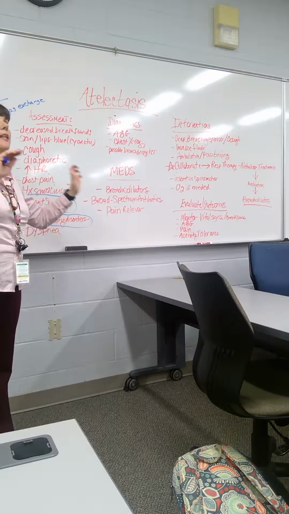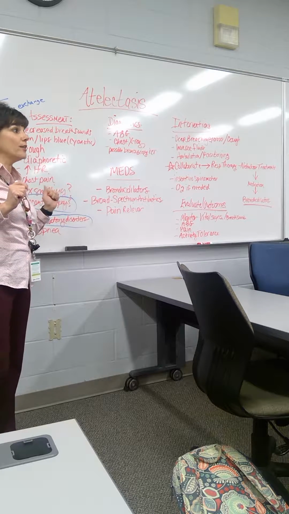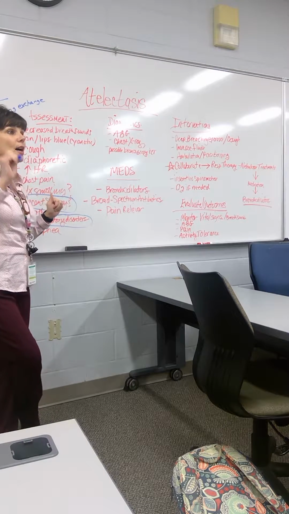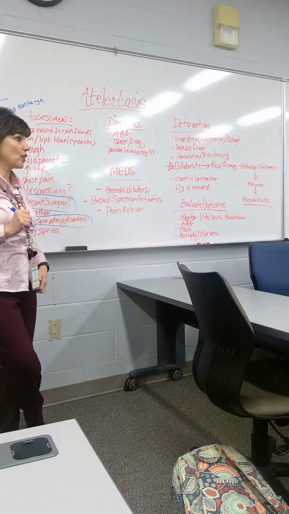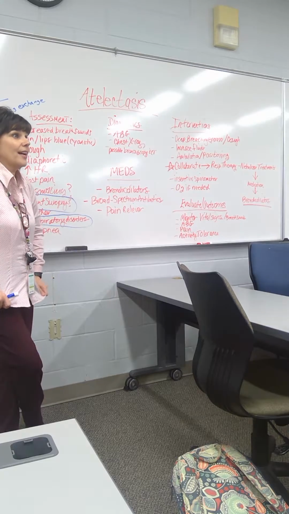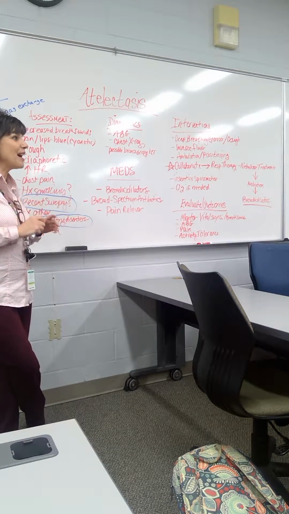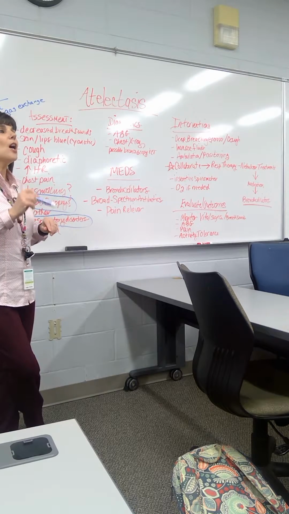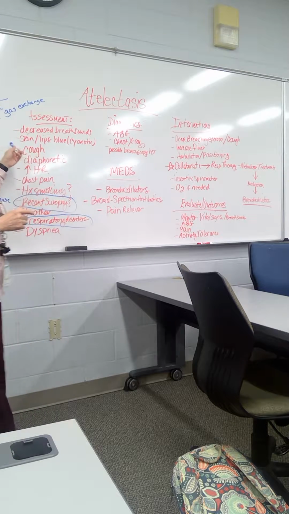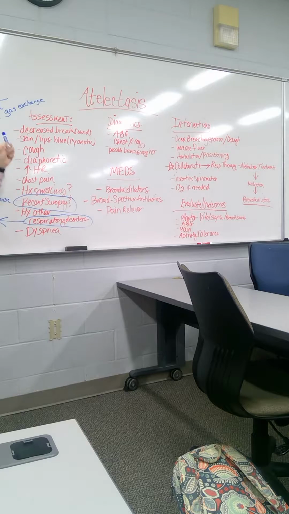So what happens here? I'm not horribly concerned with you all knowing the oxyhemoglobin dissociation curve that your book describes. I want you all to have an understanding of what happens.